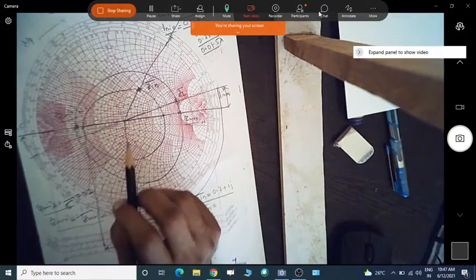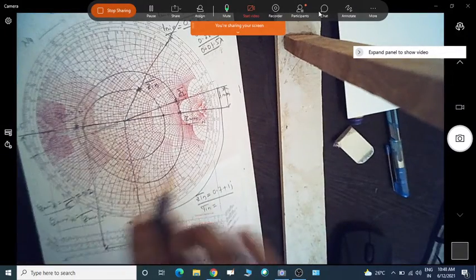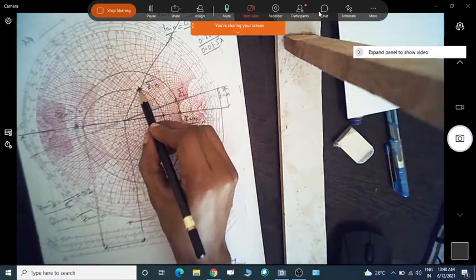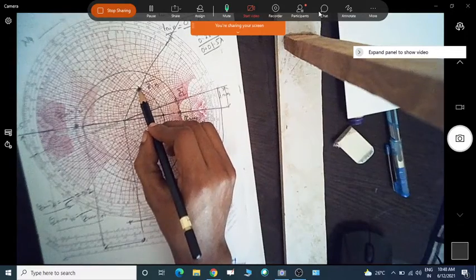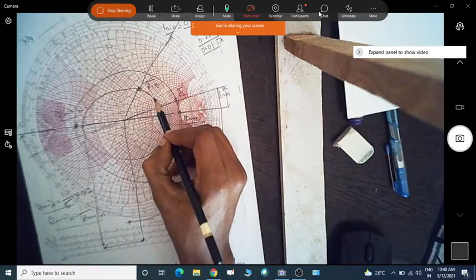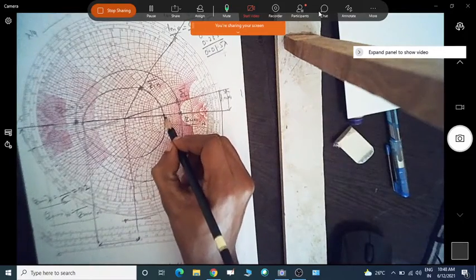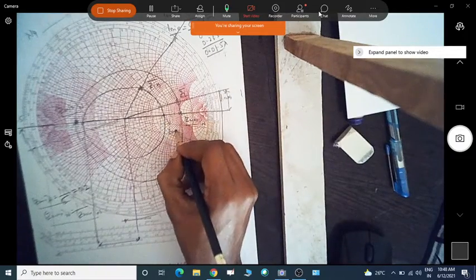So is it understood how we can find out the input impedance from the gamma? That we have seen already yesterday. Now once we know the normalized input impedance, from that point we have to come out to the real axis, where we will get the Z max normalized.